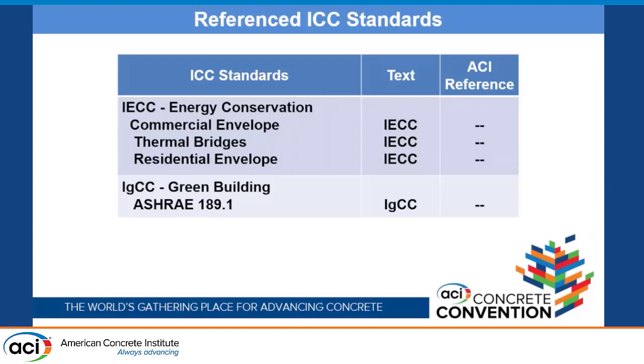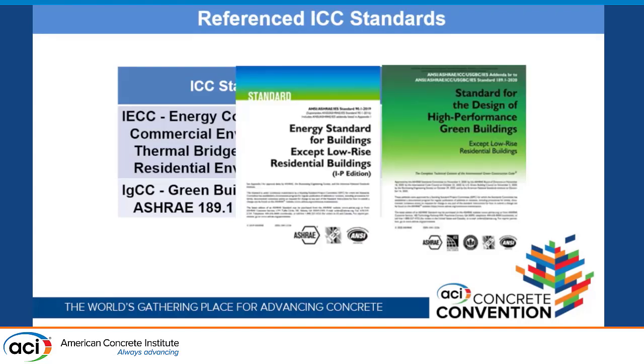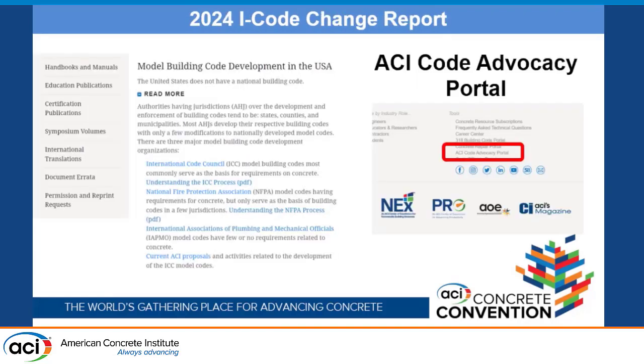It follows a standards development process and not the code process. So, all this information about code processes, there is an ACI code advocacy portal on our website. I welcome and encourage you to go and visit that to learn more about it. We have a section there just about the model building code process.